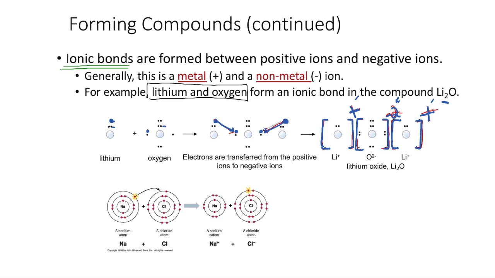Here's another example of sodium chloride, just represented in traditional Bohr models, which we remember. This electron in the outermost shell of sodium, so its valence electron, is going to be transferred to chlorine, which has 7 valence electrons.